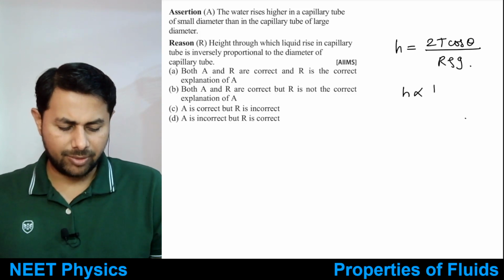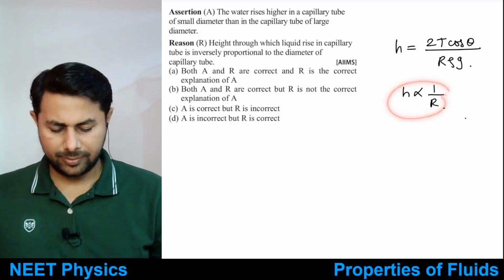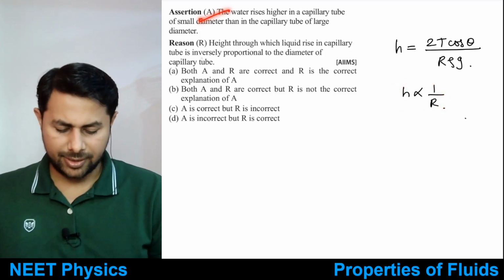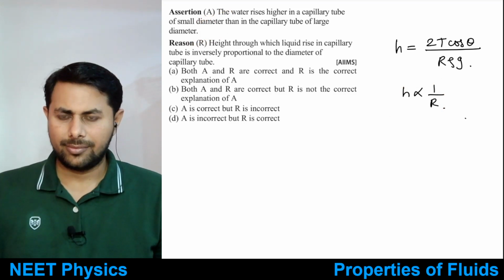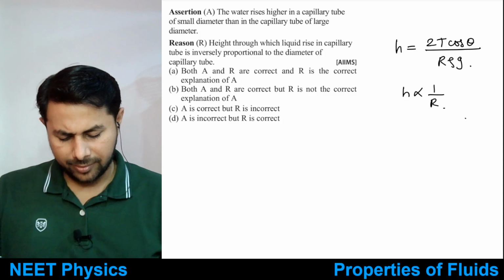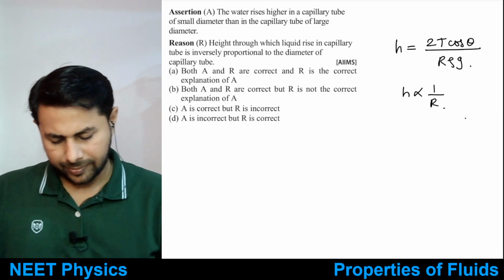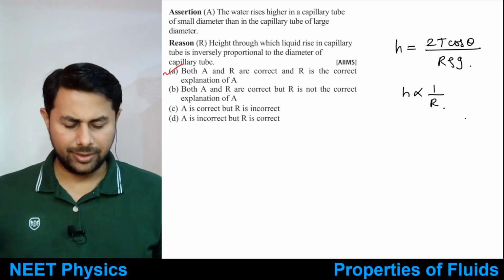So h is inversely proportional to r. So the assertion is correct, the reason is also correct. So what is the answer? Option A. Okay, this thing is clear.